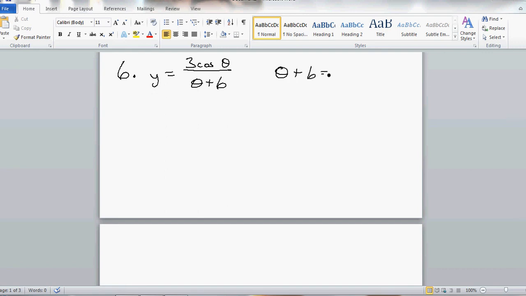Theta plus 6 equals 0, so that means theta equals negative 6 is the only discontinuity that we should have. So that's the only place it won't be continuous, and so it's going to be from negative infinity all the way up to negative 6, but not including negative 6, and then we start just above negative 6 and go to infinity.